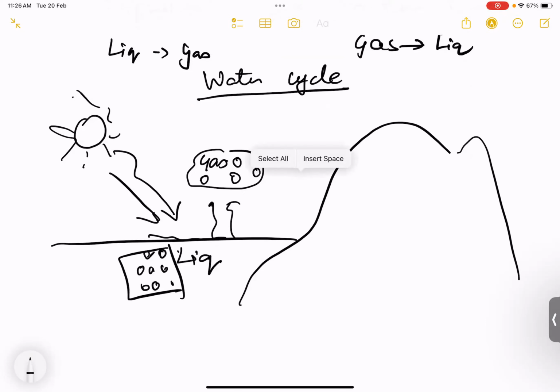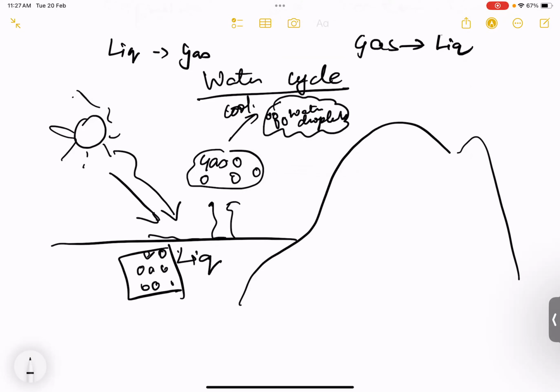Now as soon as it reaches the air, the surrounding is cooler, right? It's cool. So this gas will change into water droplets. They change into water droplets, and water droplets combine with other gases as well as impurities present in the atmosphere to form clouds. So that's how the clouds are formed.